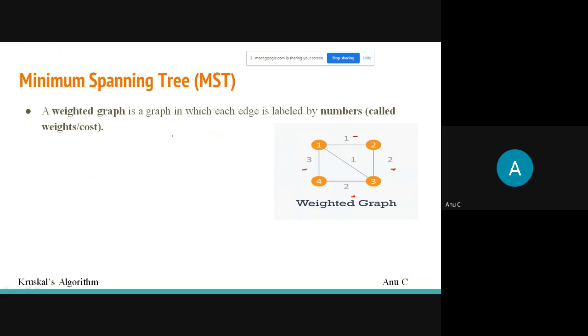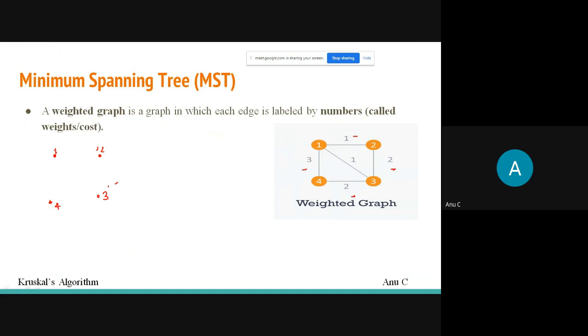The next, I want to know what are the possible spanning trees from this graph. So I draw a few spanning trees. Let us draw one spanning tree. First I draw the vertices 1, 2, 3, 4. Then how many edges should I take? 3, right?